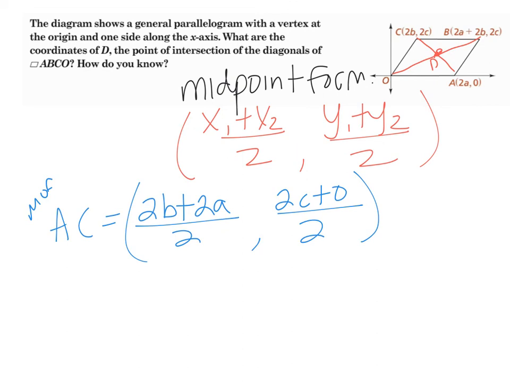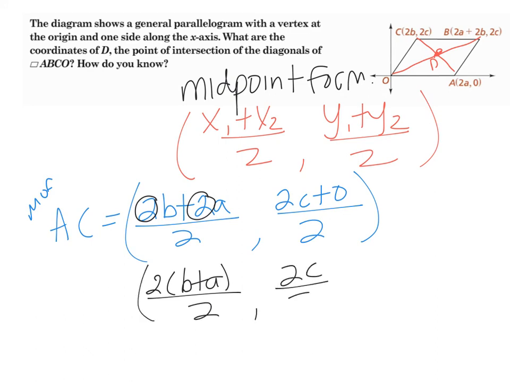In this case, we've got a 2 on the top for both terms, so this is 2 times b plus a. This is the distributive property backwards, basically. And on the top, this just becomes 2c for the y's. Now, these 2's are going to cancel, and so are these. So, our final answer for the midpoint is b plus a, c.